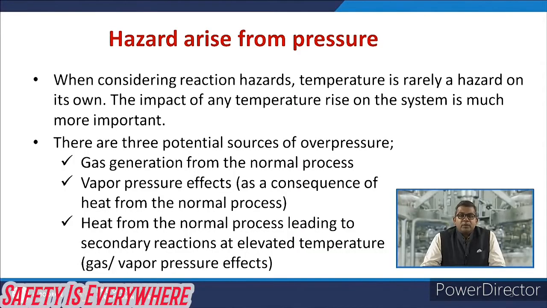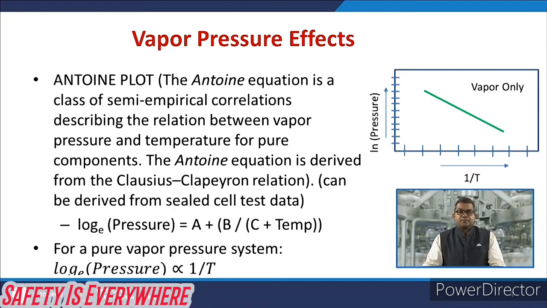The second is the vapor pressure effect as a consequence of heat from the normal processes. The third is heat from the normal process leading to a secondary reaction at elevated temperature, that is, a gas or a vapor pressure effect, in other words.